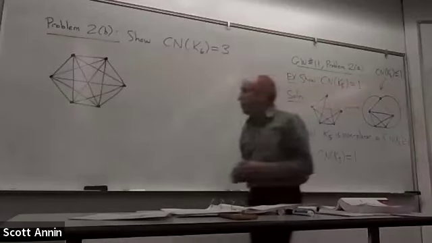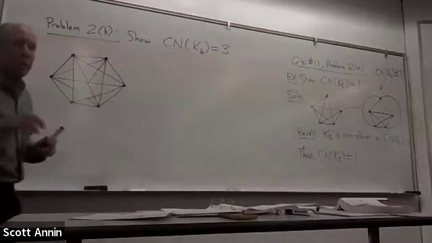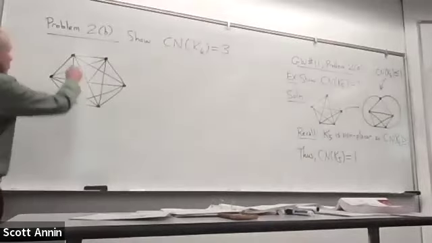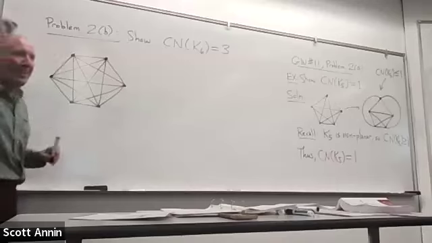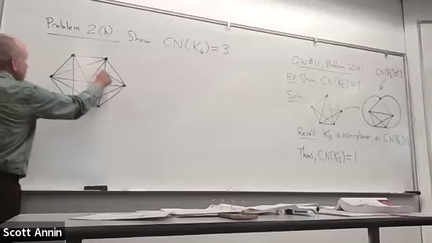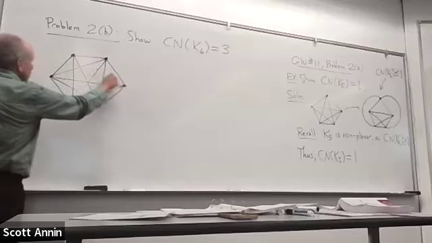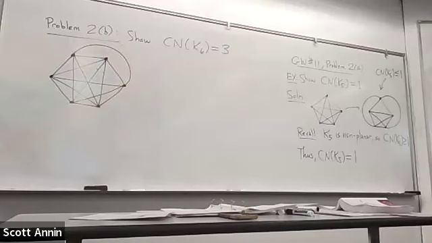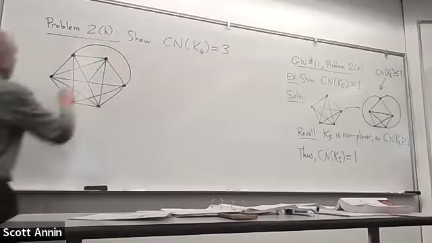It's a reasonable strategy. I don't know how you guys want to take notes on this, but I'm going to erase with my finger. I'm going to take this edge right here. You could maybe just dot that edge if you wanted to, or you could fully erase it and just draw it out here.